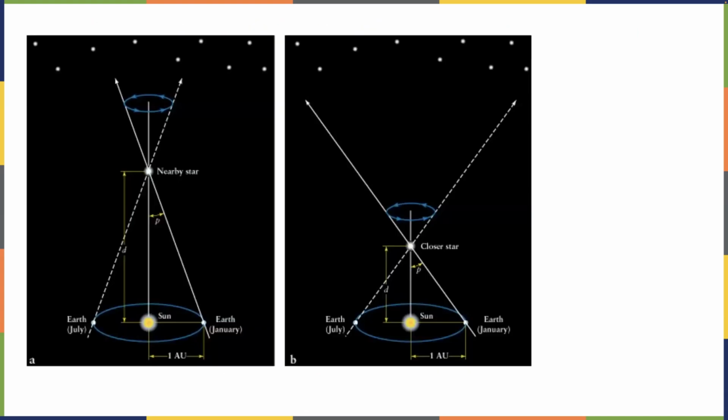Let me first go into this particular diagram to make it clear. You can see the sun is at the center right here, and then you have a nearby star at this location, and you are going to measure the distance to this star.